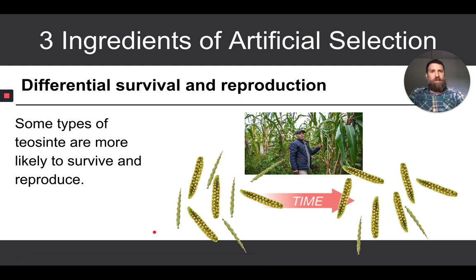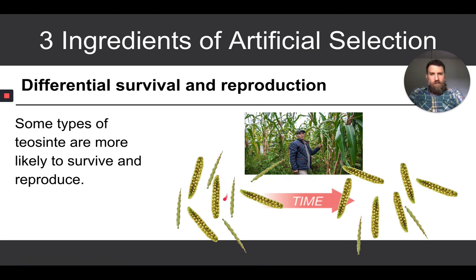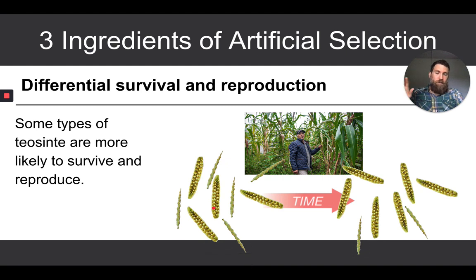So we can see here really the only difference in natural selection and artificial selection is what is that agent of change. In artificial selection, it's humans choosing desirable traits from one generation and excluding the others from passing on their characteristics to the next generation.